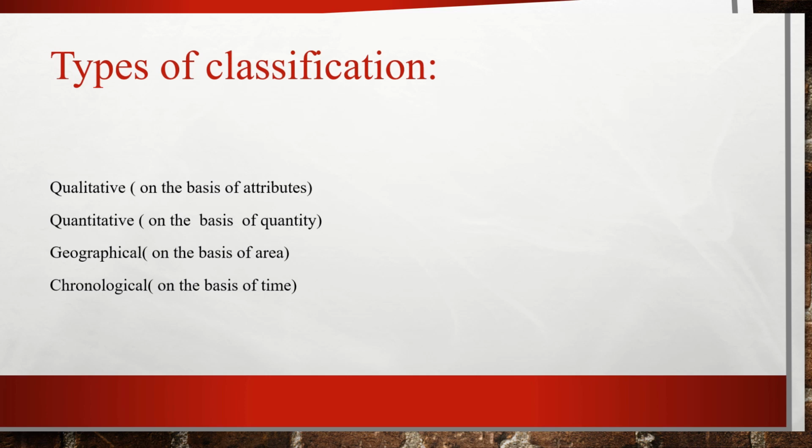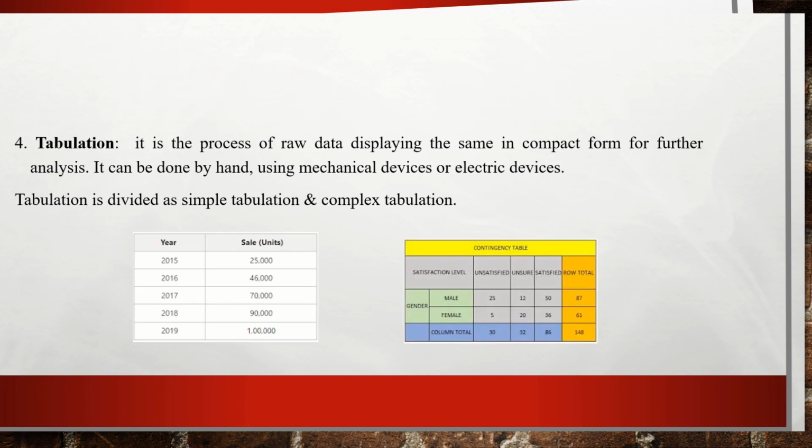We can say rural area, urban area, or on the basis of states and countries. Next is chronological classification. It is based on time, such as 2022-23, or from 2020 to 25, 25 to 30. In that way we can do chronological classification.